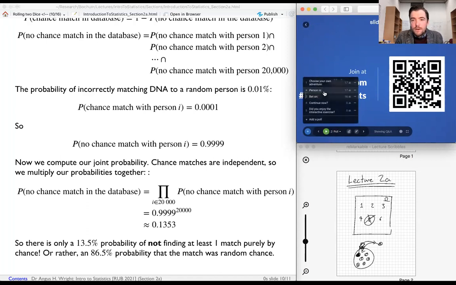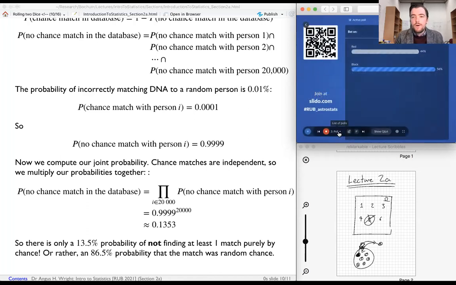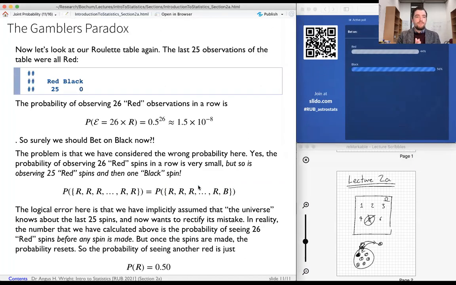The second thing that we were discussing was the roulette table, and this is where we end for today, so we're almost right on time. Looking at the roulette table, this is where we come across an important statistical thing known as the gambler's paradox.